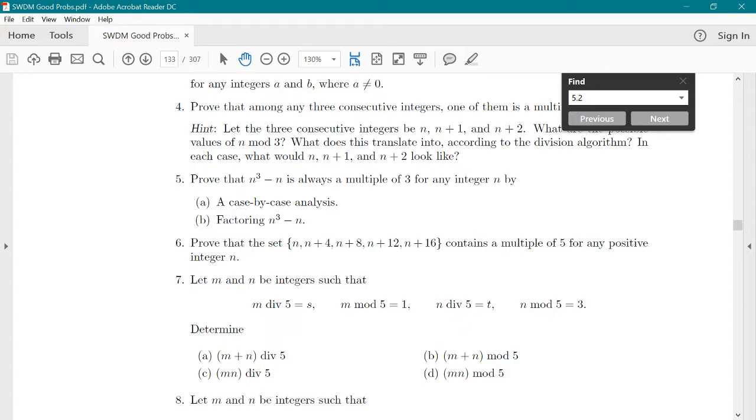And we want to prove that this contains a multiple of 5, for any n. Where n's an integer, as usual. Doesn't even have to be positive, but for any positive integer n.